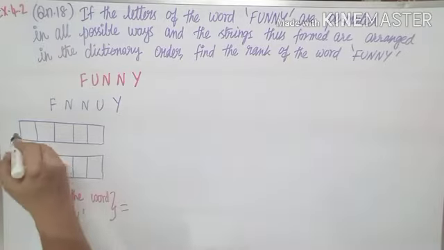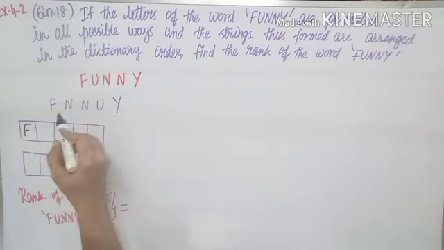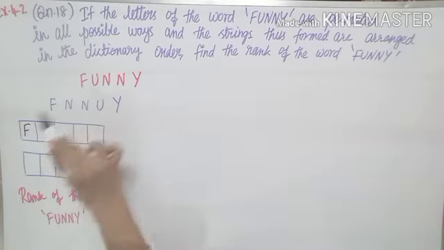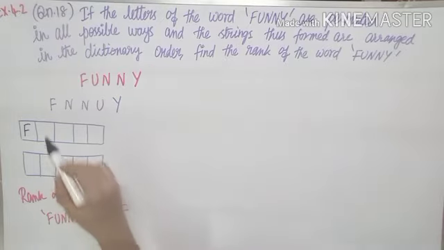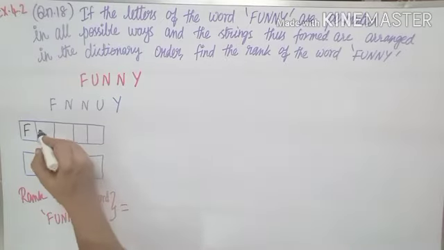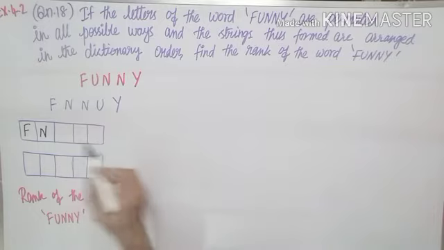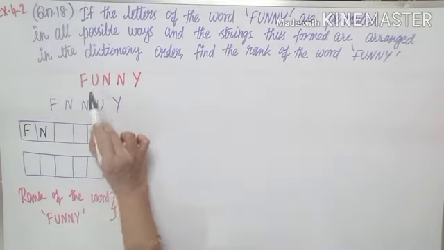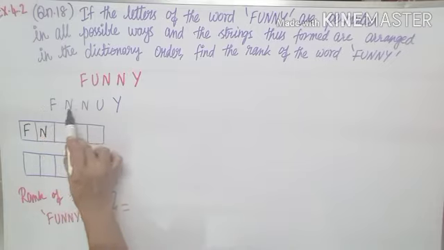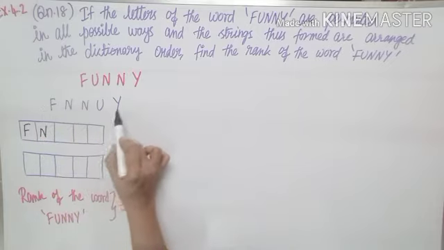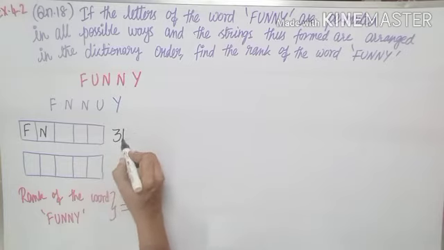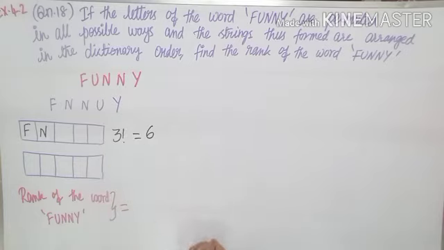F starts. In the order F comes, the required word also starts with F only. So go on to the second letter, that is N. If F and N are starting, here N is not required, U is. So if F and N are starting, the remaining three letters, three boxes, so 3 factorial ways, that is 6.